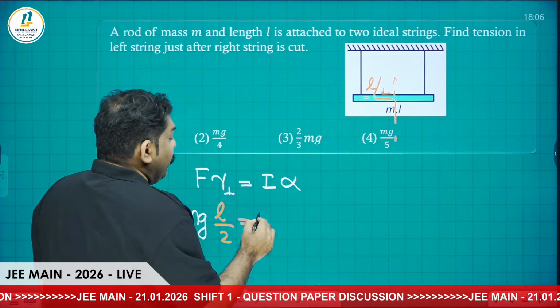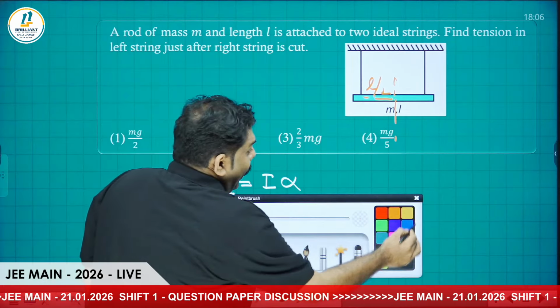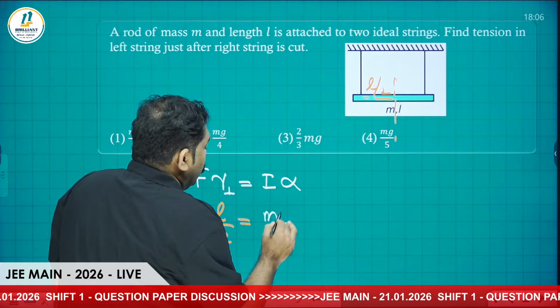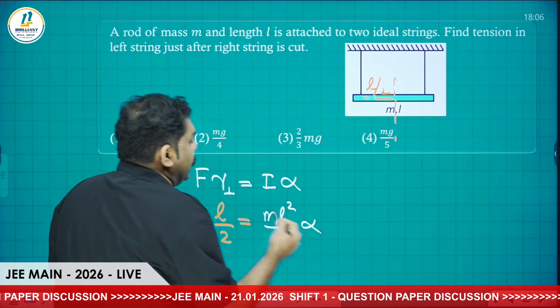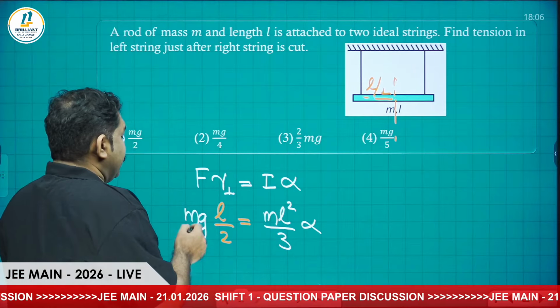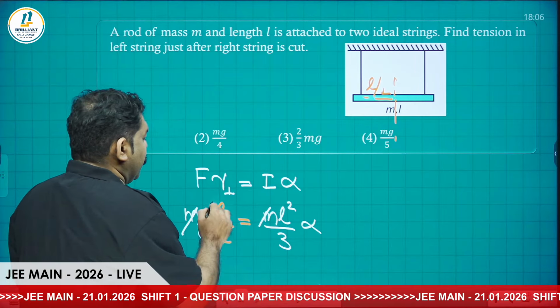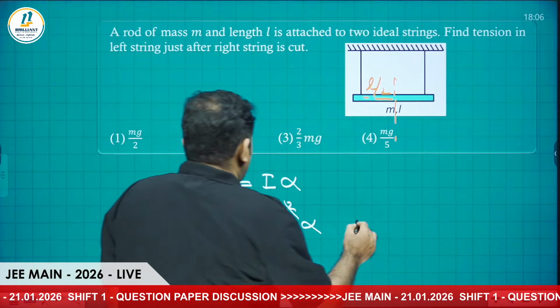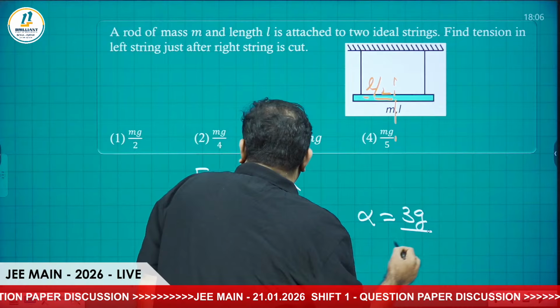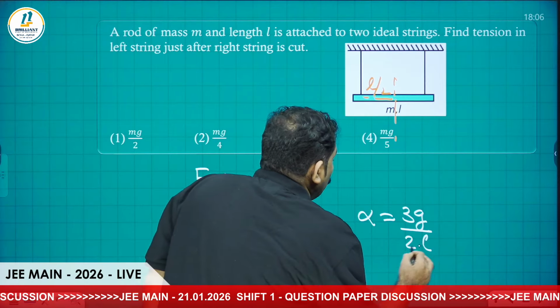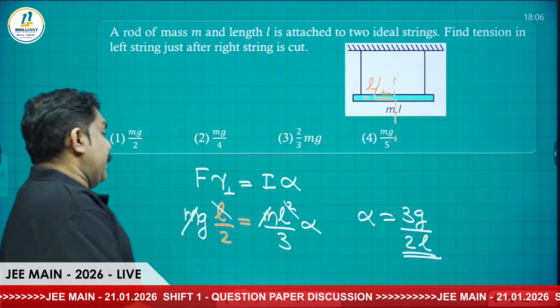And here I is equal to mL square by 3. So mL square by 3 into alpha. Now we can cancel the terms: m and m cancel, L and L cancel. So alpha is equal to 3g divided by 2L.